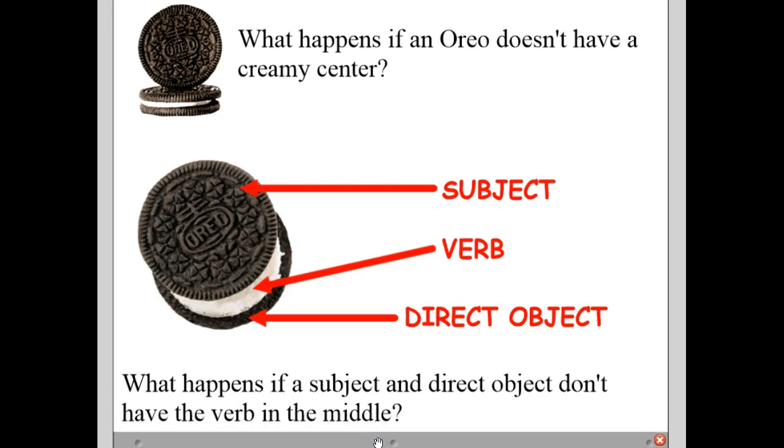Without that creamy center, our two pieces fall apart, and they aren't actually a subject and a direct object if they don't have a verb tying them together. If we just said, I, the pencil, there's no distinction there on which part of speech I am and which part of speech the pencil is. So, what happens if a subject and a direct object don't have the verb in the middle? Things fall apart.